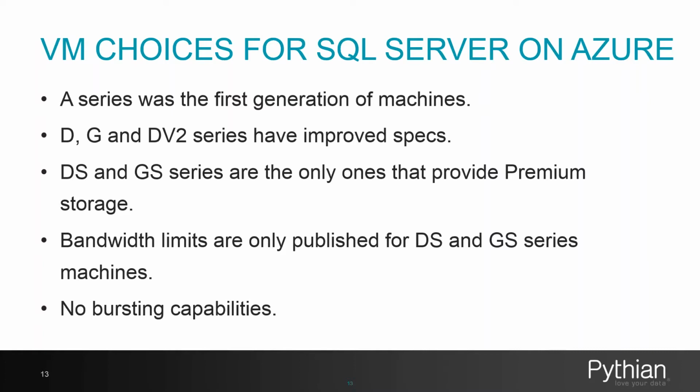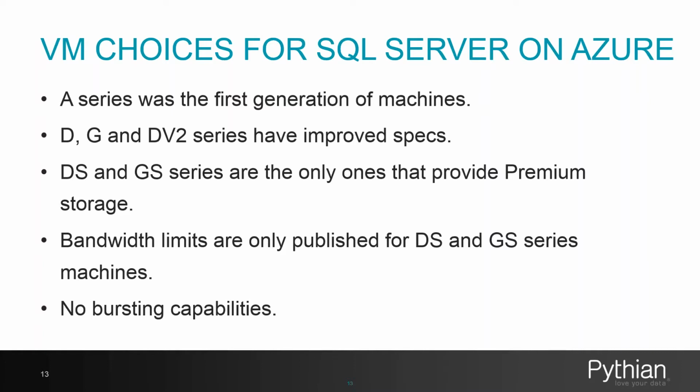So up until maybe eight or ten months ago, when premium storage debuted, I would have been really hesitant to recommend Azure for a high-performance SQL Server. But now I don't have those reservations anymore. That's what I mean when I say Microsoft has really become a contender for high performance workloads in the cloud because of premium storage.